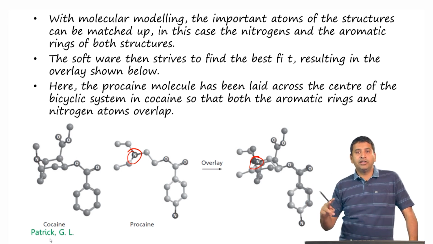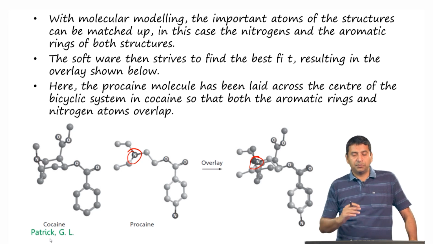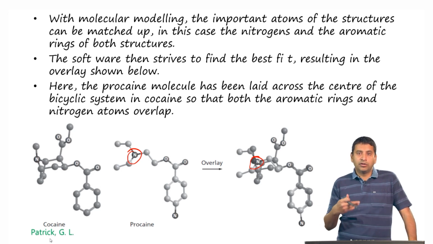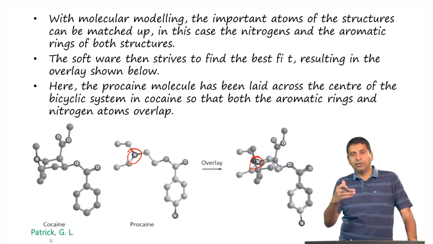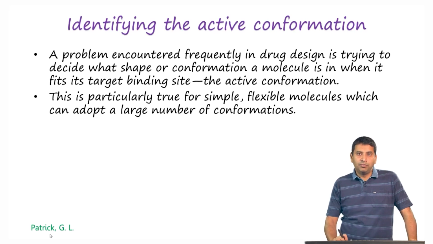So, here is a significant difference between the 2D overlay and the 3D overlay. Using this kind of methodology, you can imagine that a number of these comparisons across structures can be made. Once you do these comparisons, you will start deriving maps which can be useful for designing new analogues.